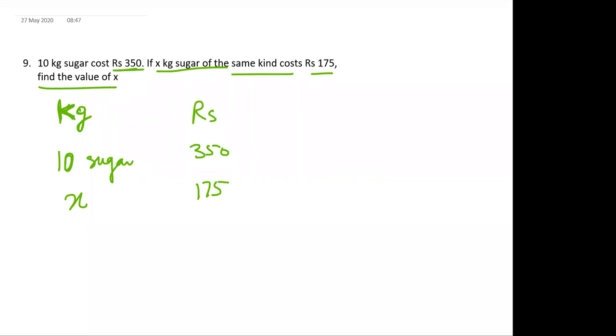You just write kilogram and rupees. Look at the question. 10 kilogram sugar cost rupees 350, so in front of 10 you will write 350, and X kilogram sugar cost rupees 175, so in front of X you will write 175.